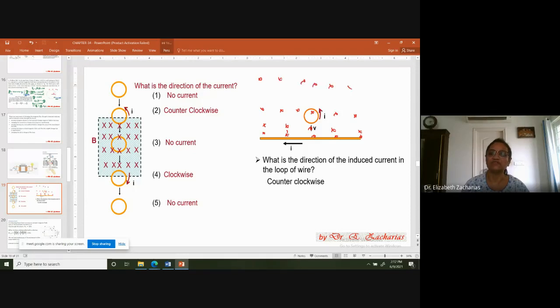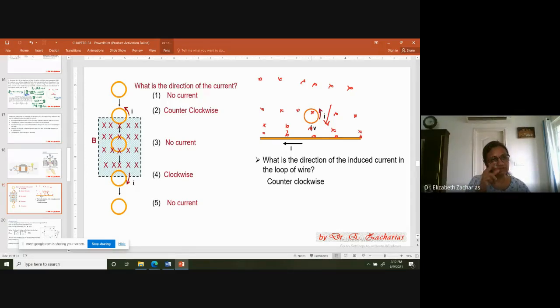So by allowing this coil to fall vertically down, you are bringing it from a region where the flux is smaller to a region where the flux is larger. So you're actually changing the flux by allowing it to fall through a non-uniform magnetic region.